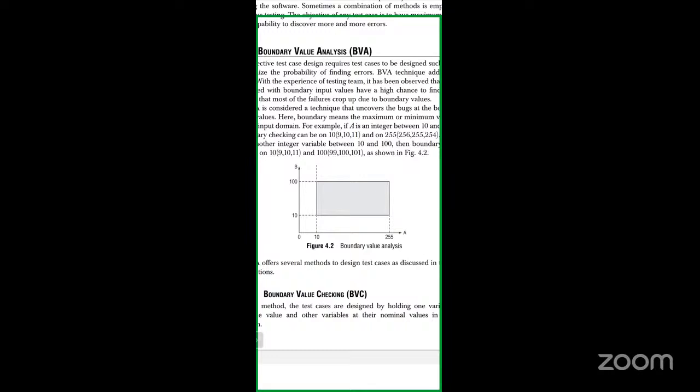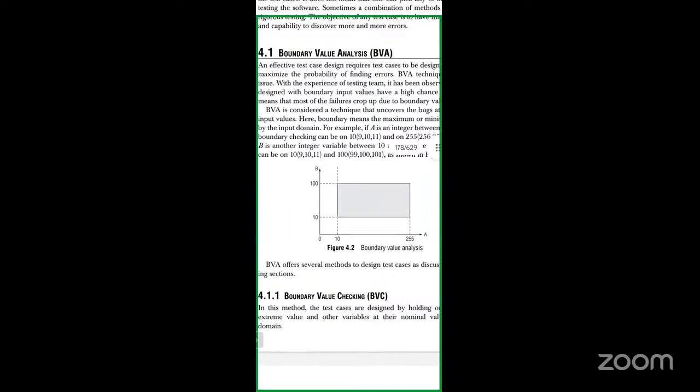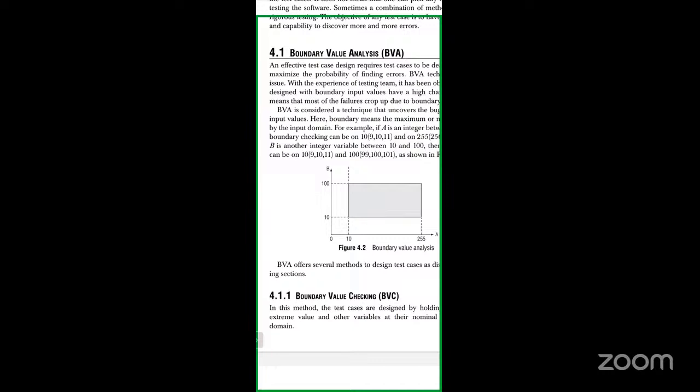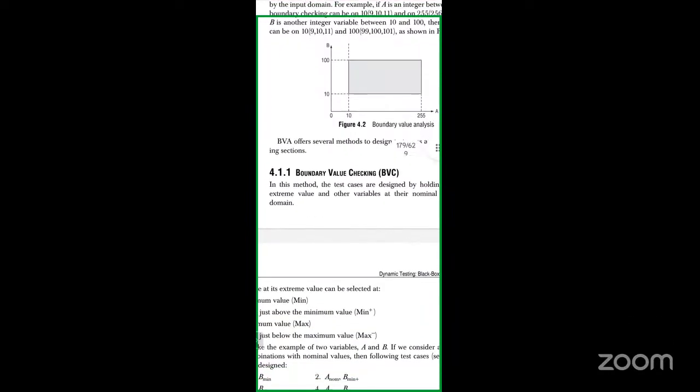Just like our x-axis and y-axis, we have an A-axis and a B-axis, where 10 and 255 are the boundary values of A, and 10 and 100 are the boundary values of B. We are not supposed to cross the limit of those boundaries. Whatever we want to do, we have to do within those boundaries itself.